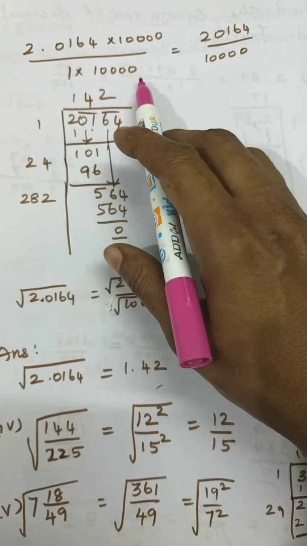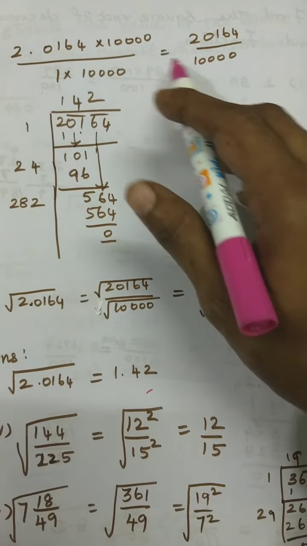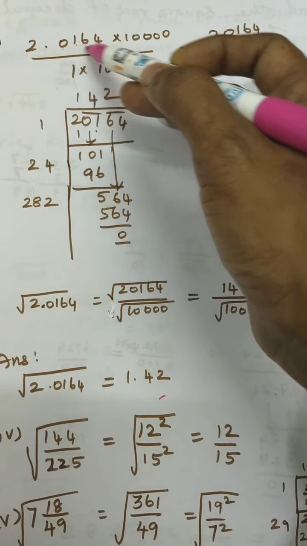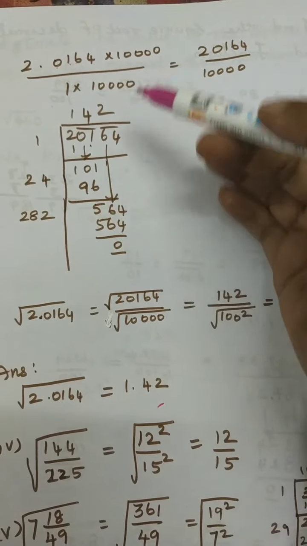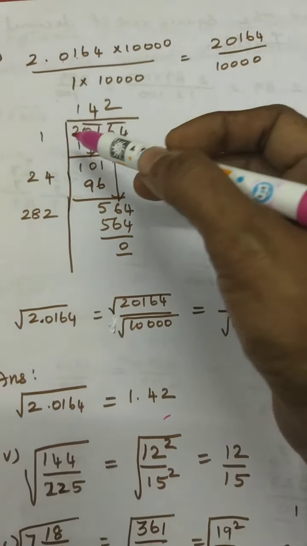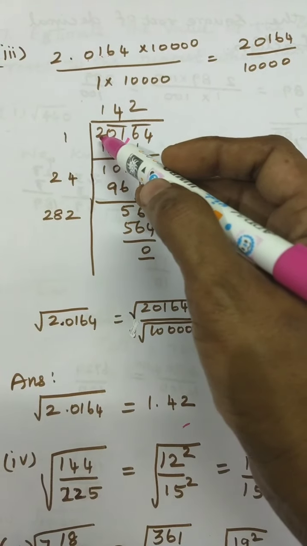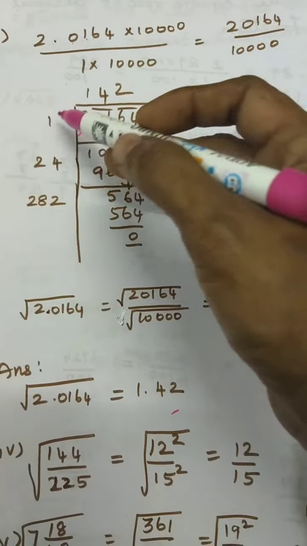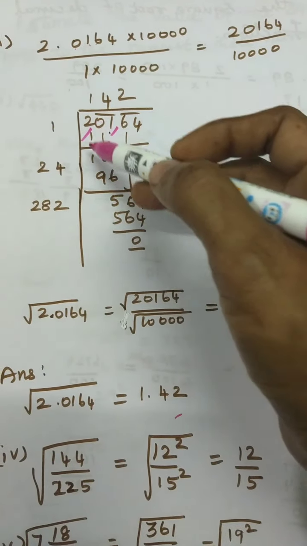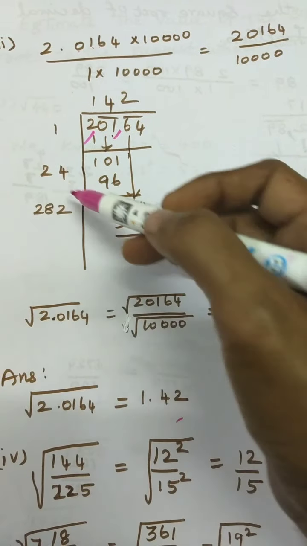Then third sum, 2.0164 into 10,000. That is 2.0164 into 10,000 is equal to 20164 by 10,000. Because 1, 2, 3, 4 digits, you have to make it a whole number. For that you are multiplying by 4 zeros. Then you have to do it by the long division method. You put a bar. Then one digit is remaining, and 1 ones are 1. Then you subtract 1, 0, 1. Then 1 into 2, 2.